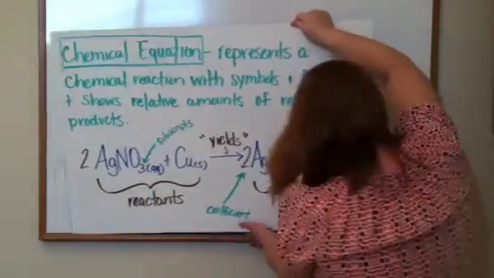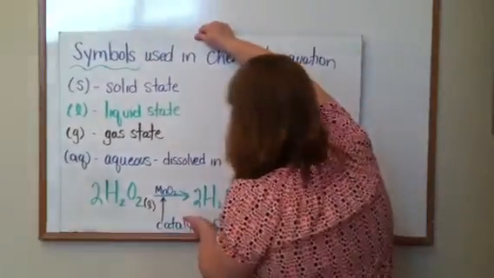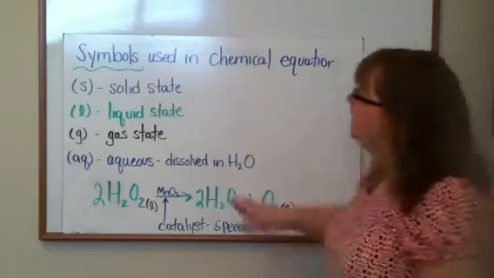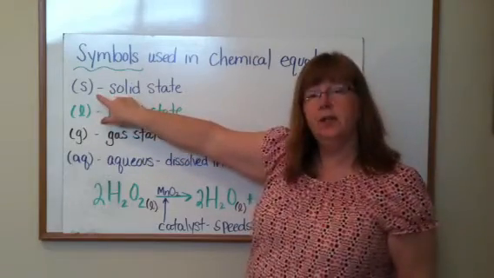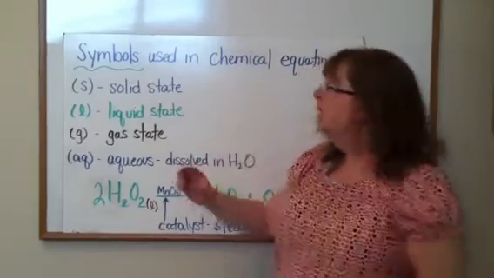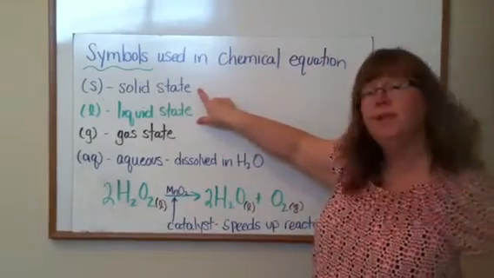All right, so let's go ahead and look at some symbols that are used in chemical equations, because there's lots of stuff showing up in an equation, and so let's define what all of that stuff is. You may have seen an s next to the silver and the copper, and it's in parentheses and it's lowercase. That stands for solid.